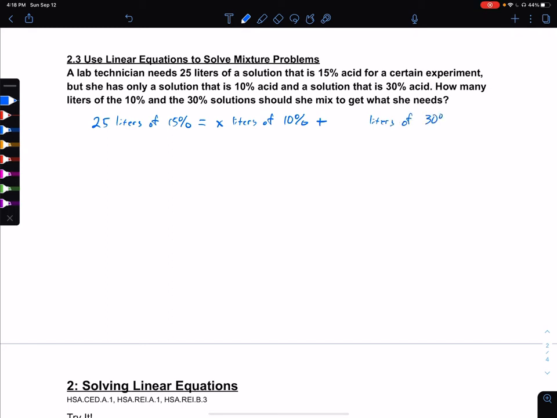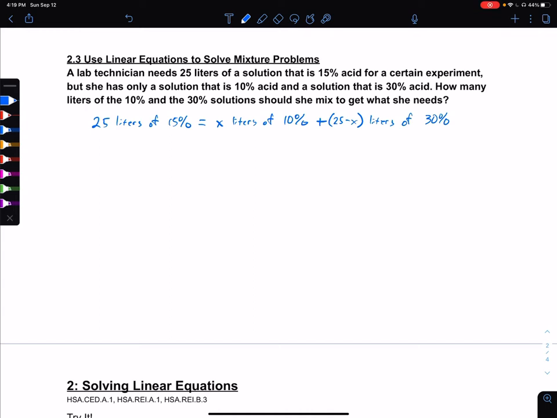So the 25 liters will be made up of X liters of 10% and something liters of 30% solution. Now, how would we determine what liters we would put here? We want them in terms of X. So this is going to have to be something with an X. Well, if we know we need 25 liters, and we know that we're having X liters of 10% solution, it would only make sense for it to be 25 minus X liters of 30% solution.